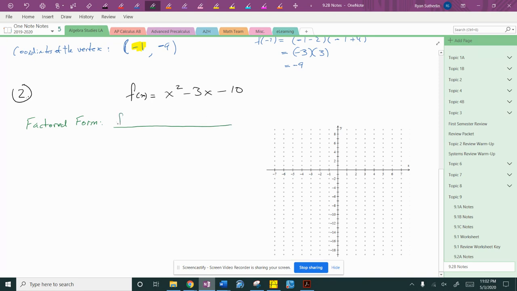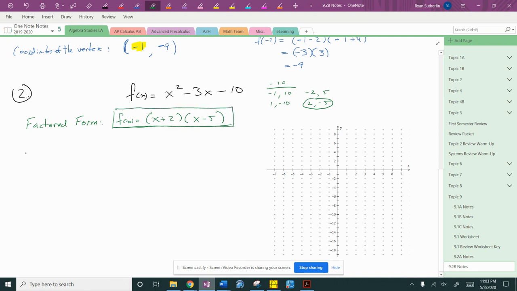So f of x equals, now it multiplies to -10 and adds to -3. So I have -1 and 10, 1 and -10, -2 and 5, 2 and -5. So there is my pair. That factors into (x plus 2)(x minus 5). So there is my factored form. That's the first thing I wanted you to do.